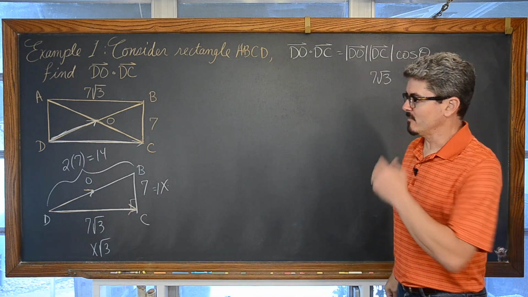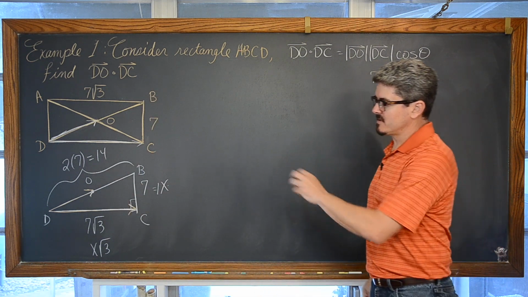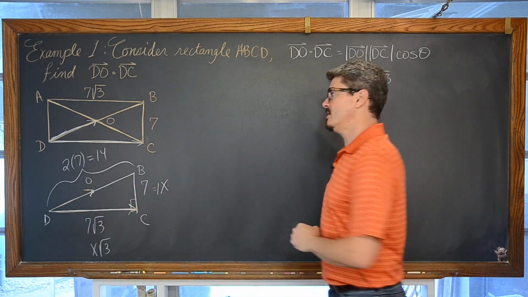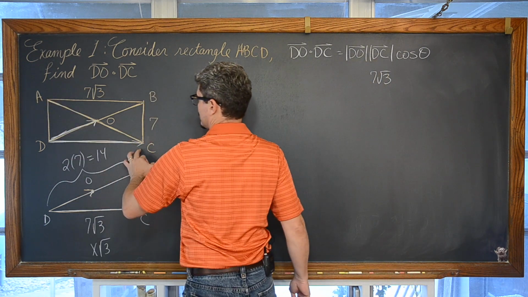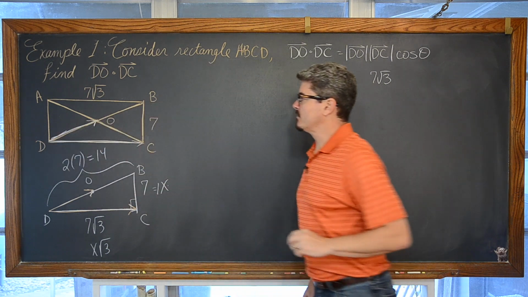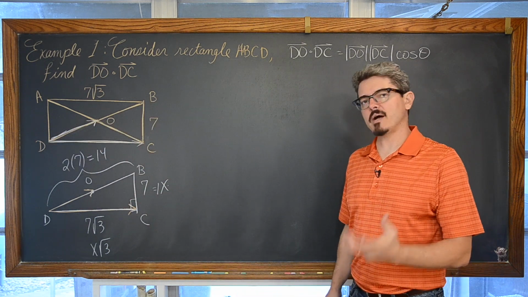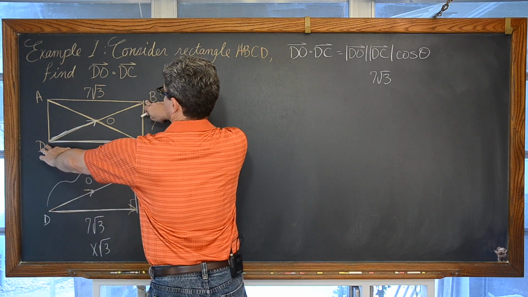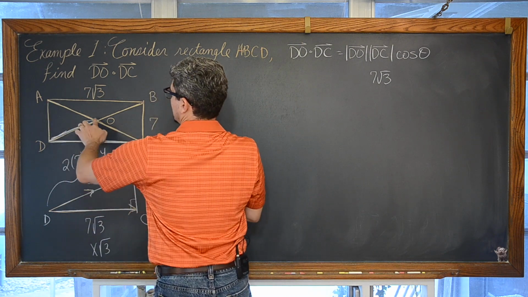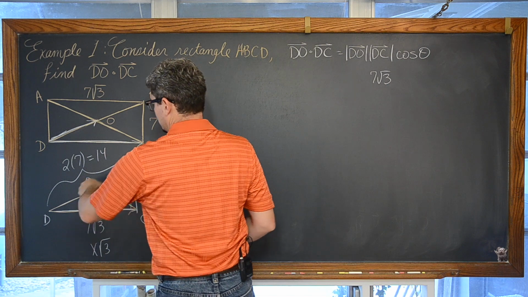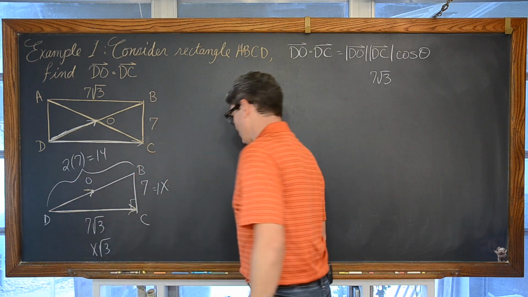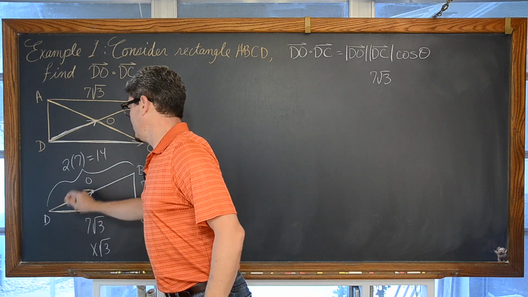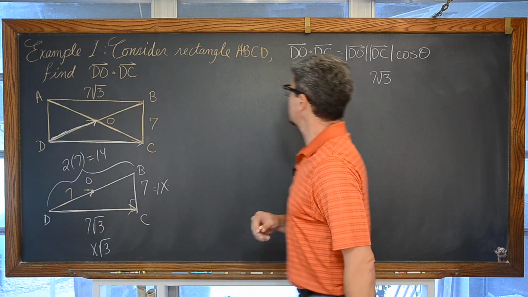And we also have to remember that the diagonals of a rectangle bisect each other. Since DB is a diagonal and AC is a diagonal, where they intersect bisects, so while this entire length is 14, the magnitude of DO is equal to 7.